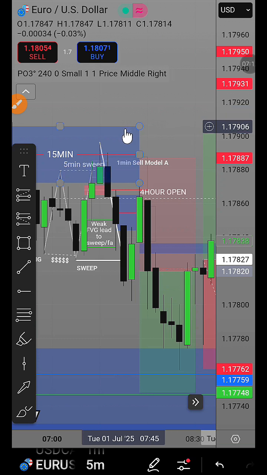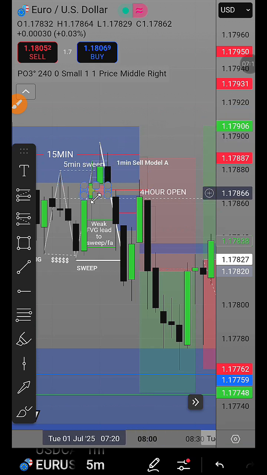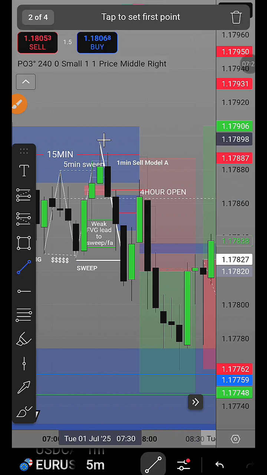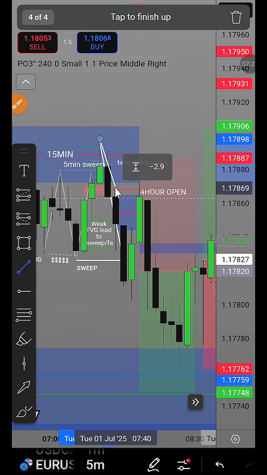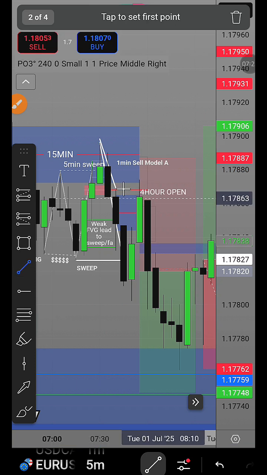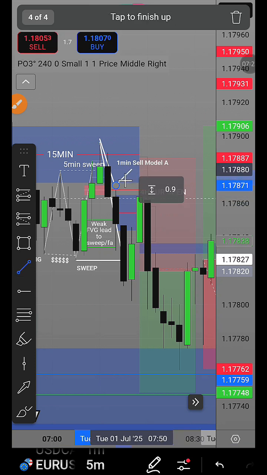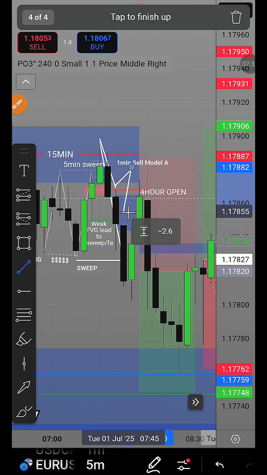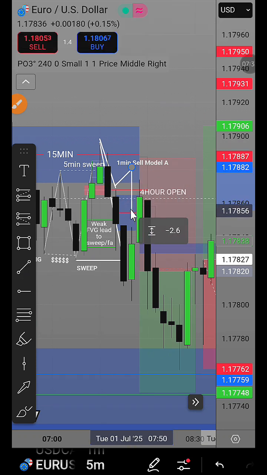So you can see like here, if price ended up doing this, let me show you. So price trades into that bullish FVG, right? And then it does that, meaning that there was buying power coming out of the bullish FVG, and then it does that, closing below, right?